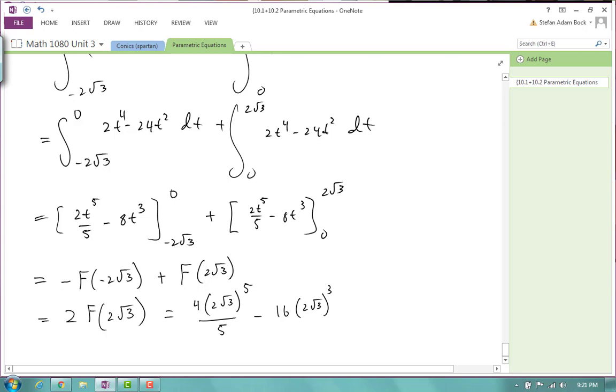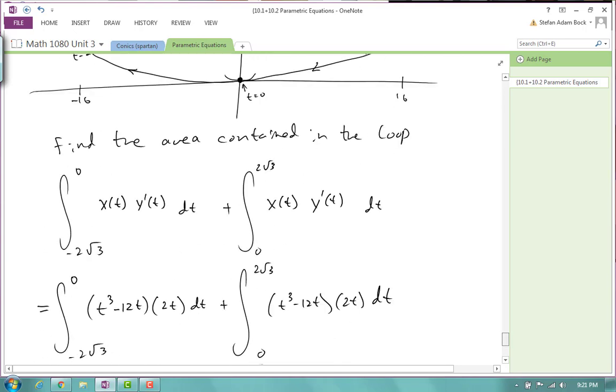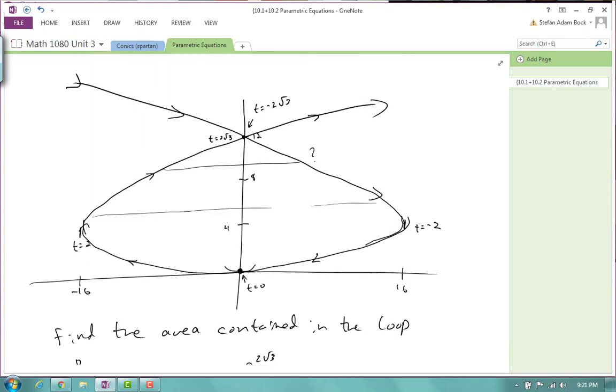whatever that value is. Now, some of you may be asking, well, heck, why didn't those areas cancel out? Because from this direction, my dy's were negative, and my x's were positive. Versus in this direction, my delta y's were positive, but my x's were negative.